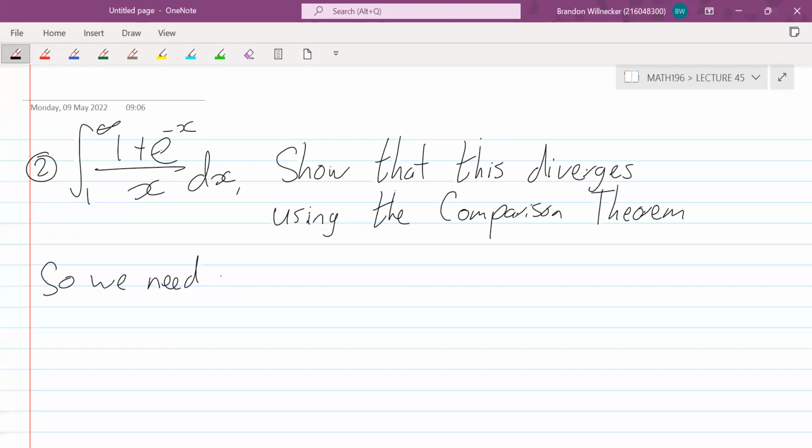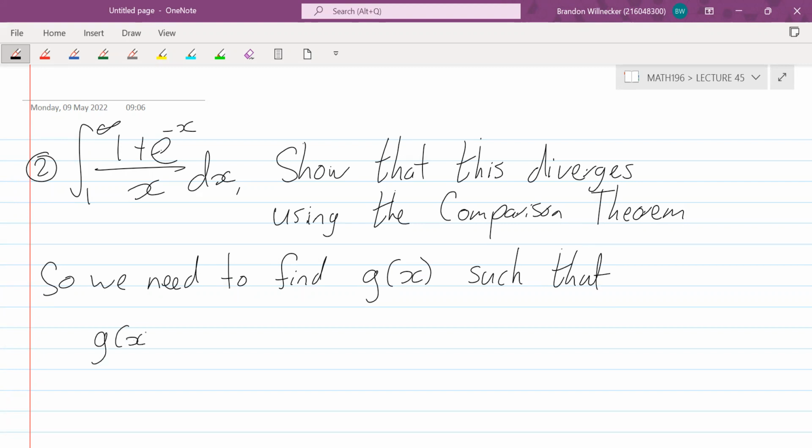So we need to find g of x such that g of x is less than or equal to (1 plus e to the minus x) over x for all x greater than or equal to 1.